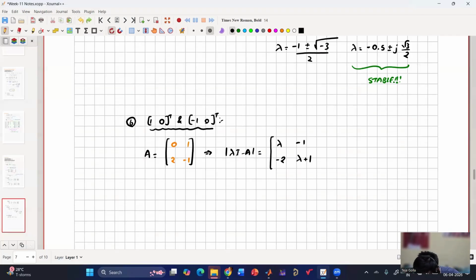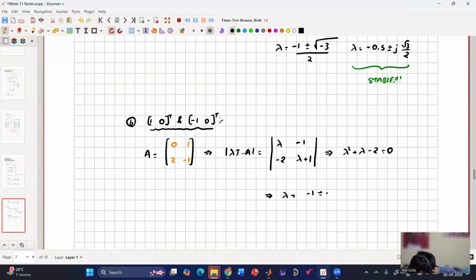Now let us calculate this. Sorry, it is determinant. So if we calculate, we will get lambda square plus lambda, then minus into minus 2 into minus 1, so it is minus 2 equals 0. So now lambda is minus 1 plus or minus square root of b square minus 4ac.